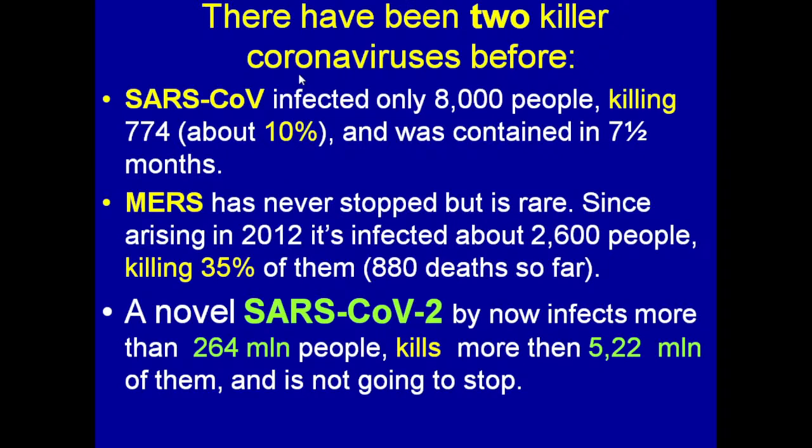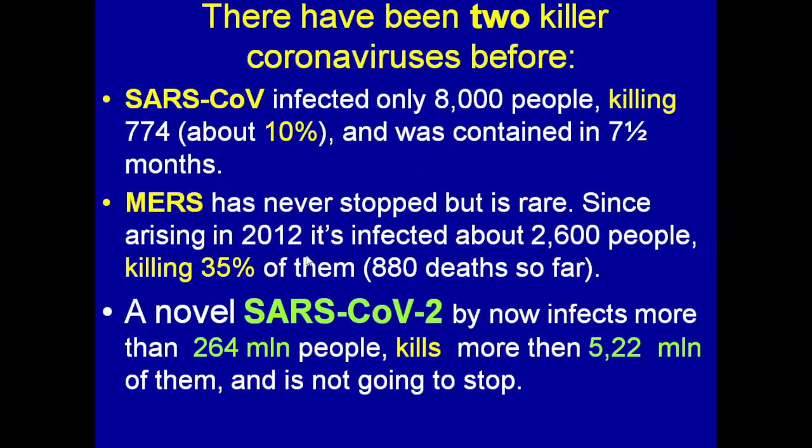But MERS hasn't disappeared, right? MERS has never stopped, but it is much rarer than SARS-CoV was in 2002 and 2003. Since arising in 2012, it has infected around 2,600 people.